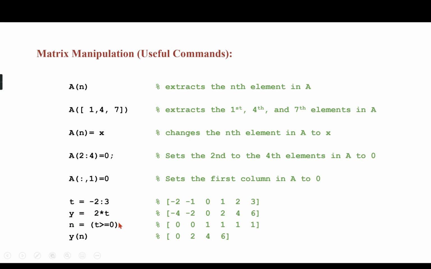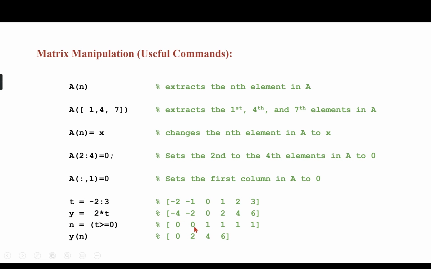I'm creating a new array named n actually, and I'm comparing each element in t with 0. I'm checking whether each element in t is greater than or equal to 0. So the values of n are either logical 1 or logical 0. I can use n instead of index numbers to extract elements from y.